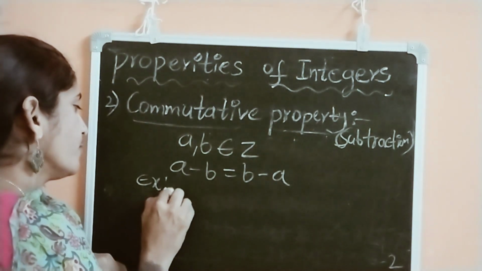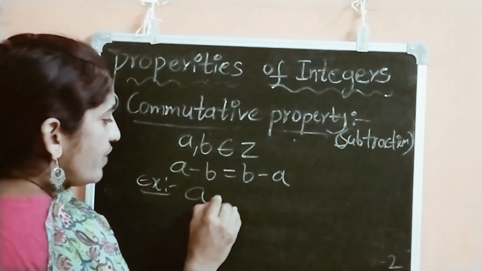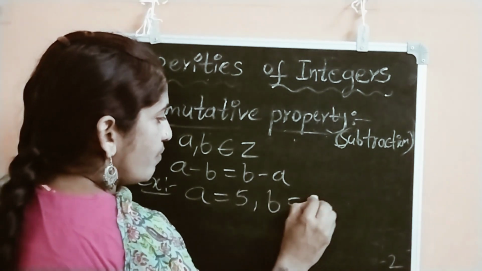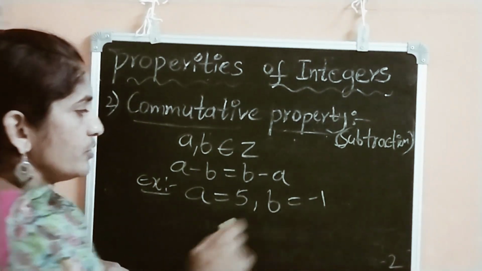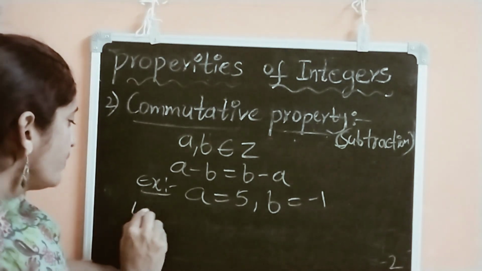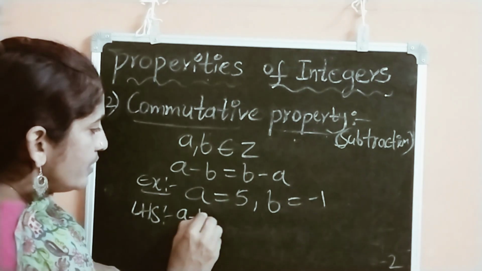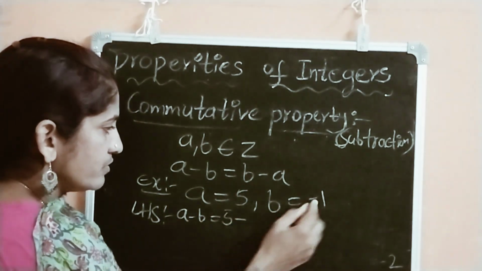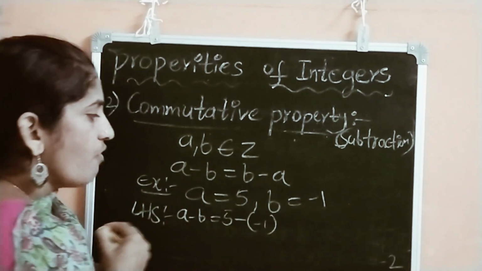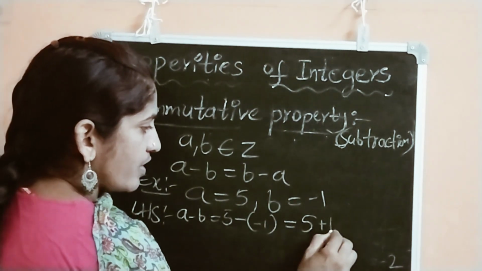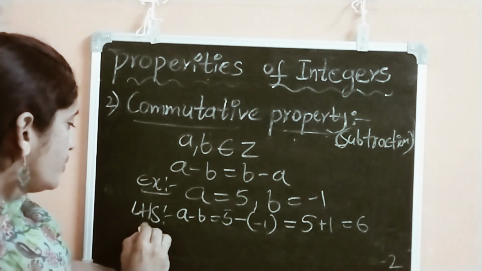For example, we are going to check by taking a is equal to 5, b is equal to minus 1. If we check a minus b, or LHS, that is 5 minus of minus 1, which means 5 plus 1, 6 we are getting.